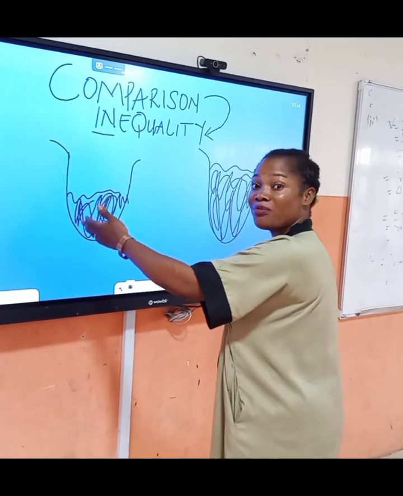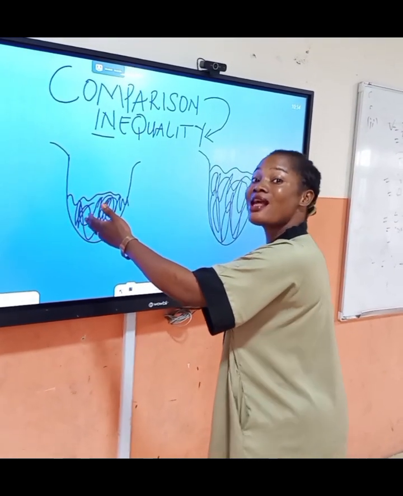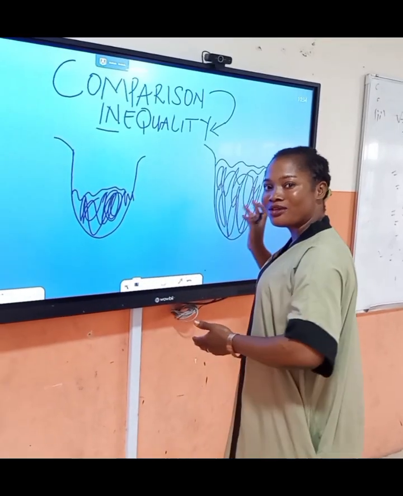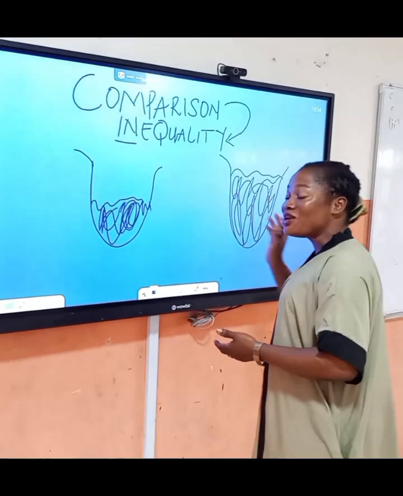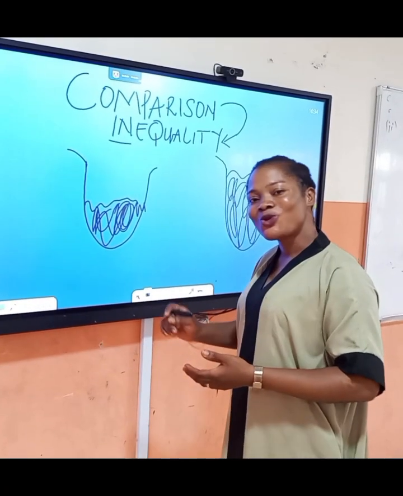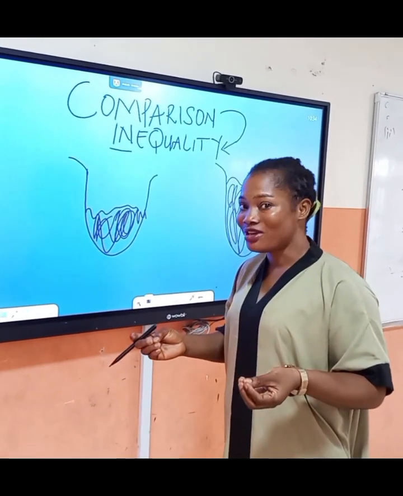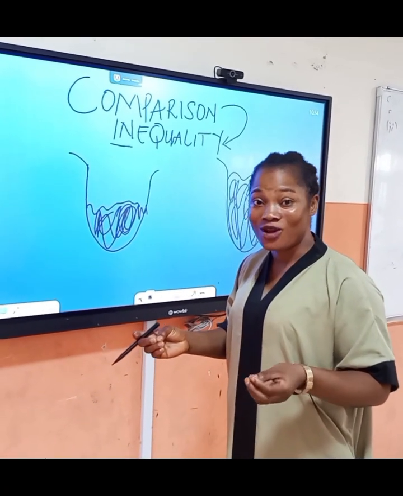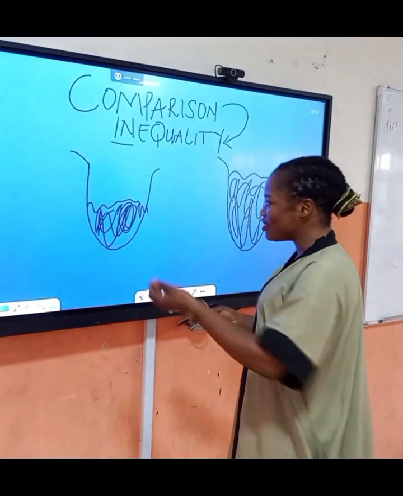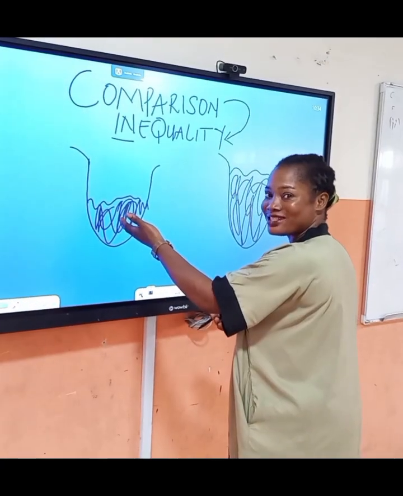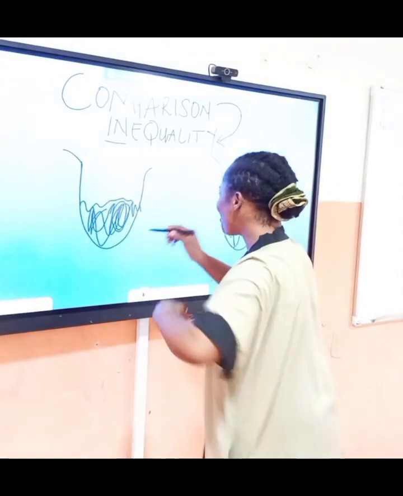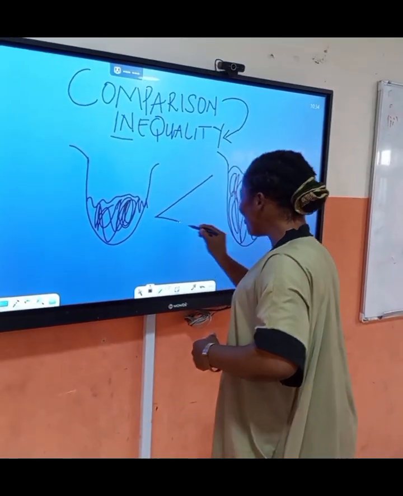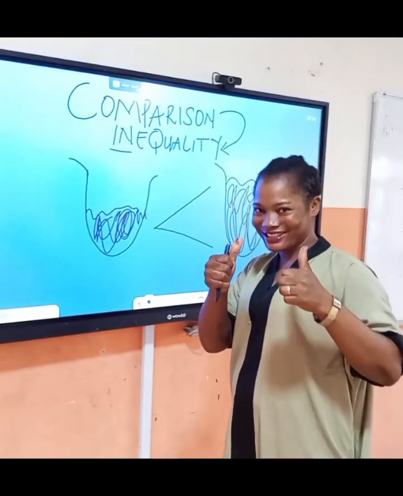Right now the one on my left hand side is lesser than the one at the right hand side. The one at the right hand side is greater than the one at the left hand side. So, how do I give it an inequality sign? Of course, I'm reading from my left, and this is less, which should be at the closed mouth. So I'm going to give it a closed mouth.